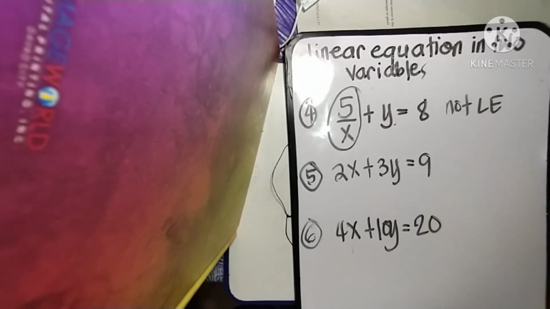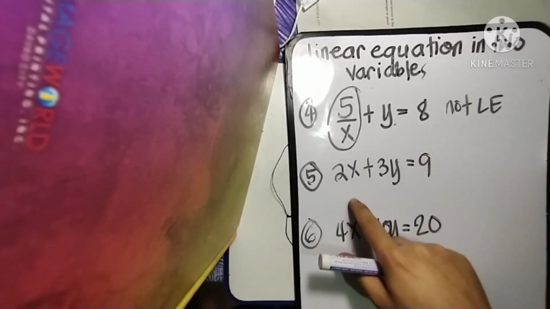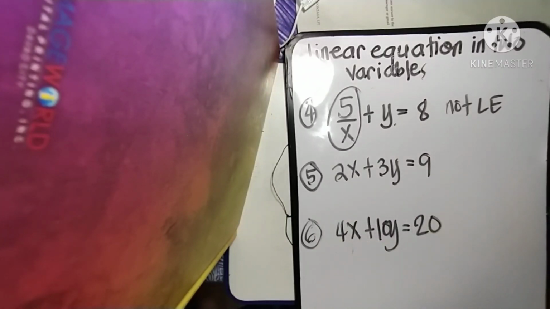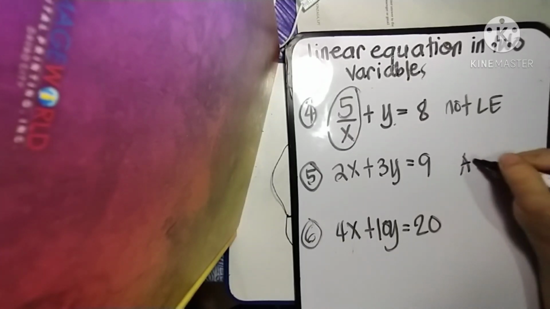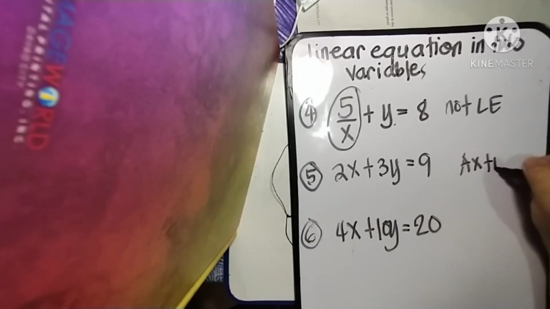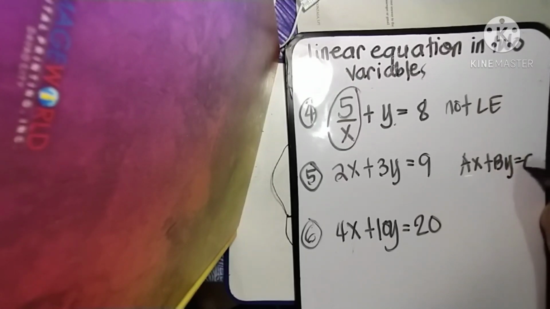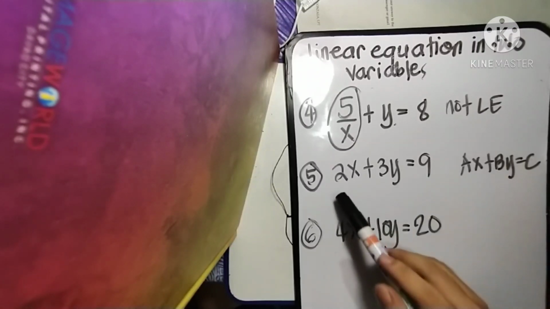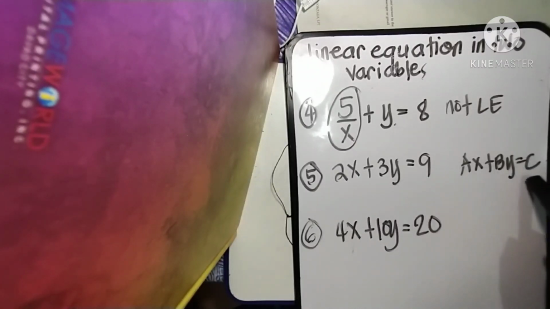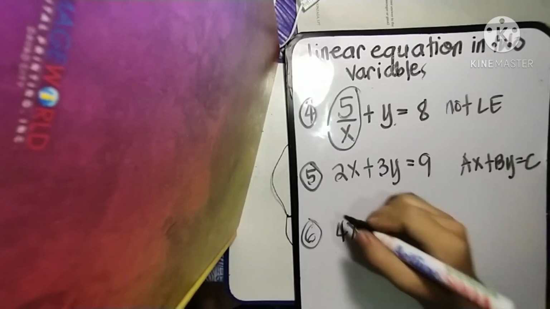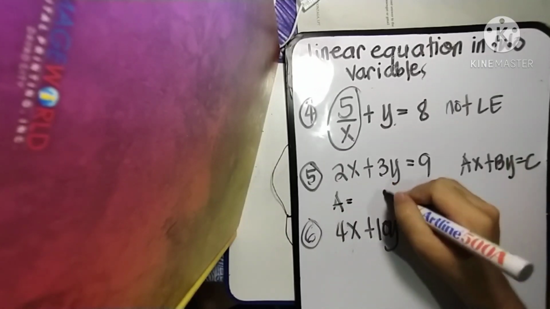So, now let us proceed with example number 5. We are given 2x plus 3y is equal to 9. So, 2x plus 3y is equal to 9 is written in standard form, which is ax plus by is equal to c. Okay? So, since our ax is 2x, by is 3y, then c is 9. Let us identify these values.